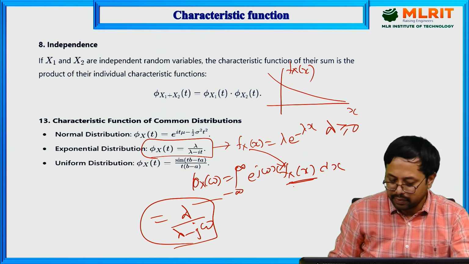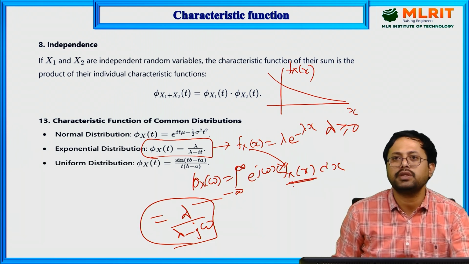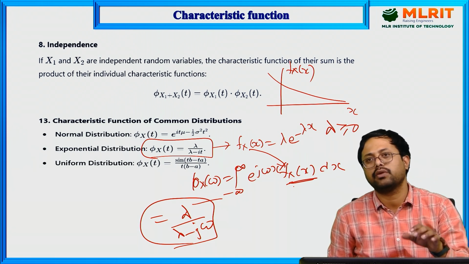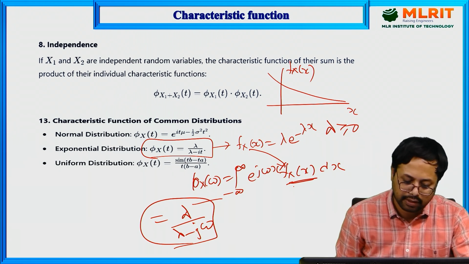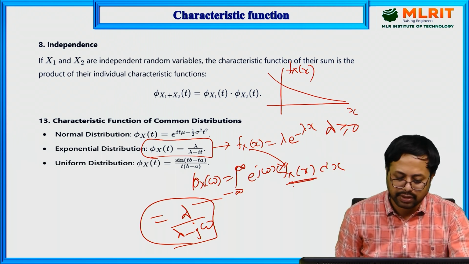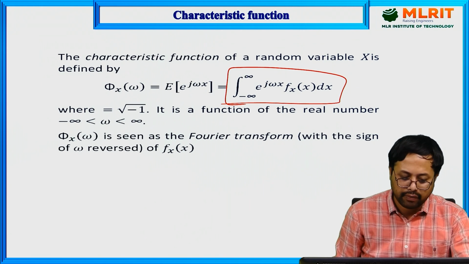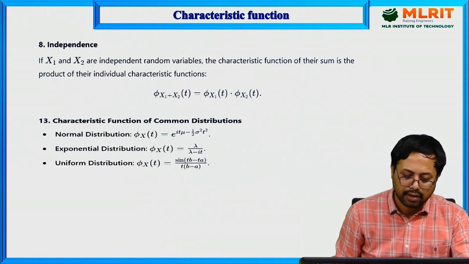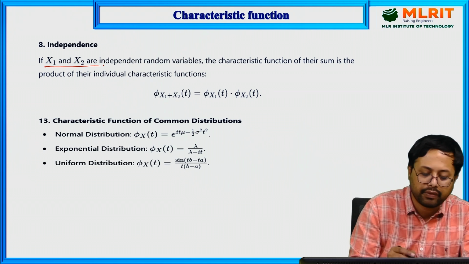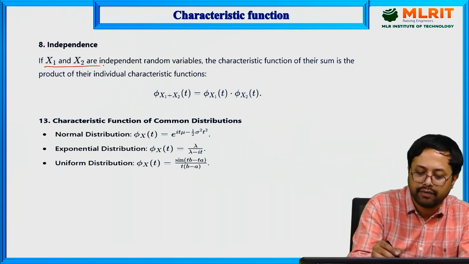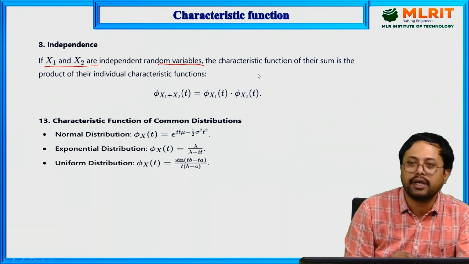This is the way to solve problems related to the characteristic function when they give the input as a density function; you have to use these formulas. There is one more type of problem, where they give two different random variables and tell you that both are independent of each other.